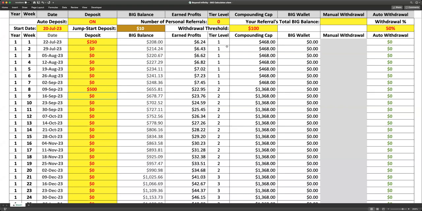We want Beyond Infinity to be right up there at the top with the things that you're involved in, receiving money for your future, receiving money on a weekly basis, receiving money that you can count on. And so, again, this is primarily to encourage people to build your Beyond Infinity business so that you do have that income.